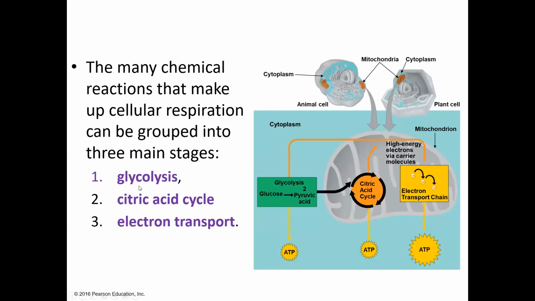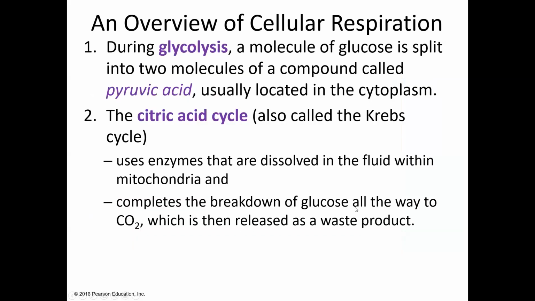We have glycolysis. Glyco would refer to sugar. Lysis means to destroy. So this is literally destroying sugar. The citric acid cycle, also known as the Krebs cycle, and I'm going to talk about it using Krebs and citric acid cycle both. And then finally, the electron transport chain, which is the ETC. Now, during glycolysis, a molecule of glucose, that's C6H12O6, is split into 2 molecules of a compound we call pyruvic acid, or pyruvate for short.